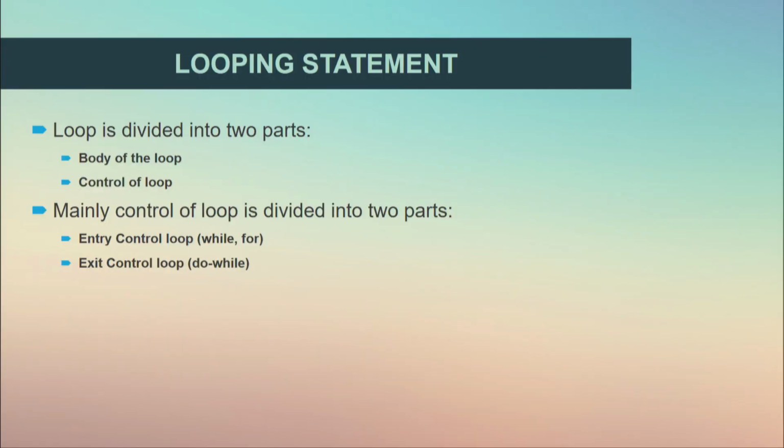We can go through the looping statements, which are divided into two major parts called body of the loop and control of the loop. The control of the loop is again divided into two parts called entry control loop and exit control loop. The control statement is used to decide whether the loop is going to be continued or terminated.